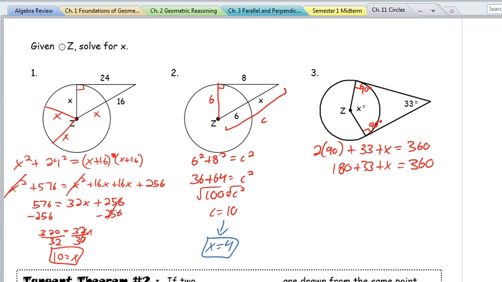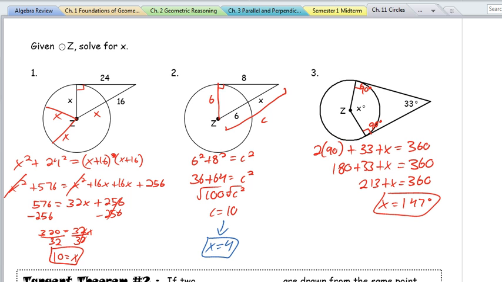So 180 plus 33 is 213, plus x equals 360. x is going to end up being 147 degrees.